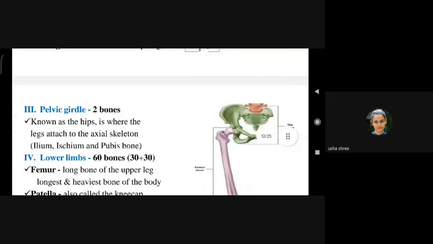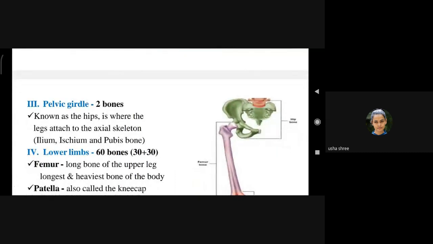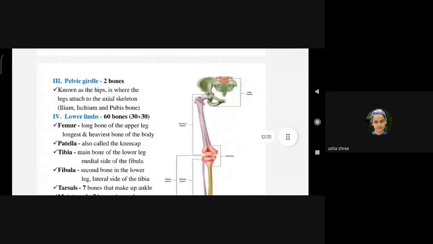These 2 are hip bones. These 2 parts of the pelvic girdle are consisting of 3 bones each side.